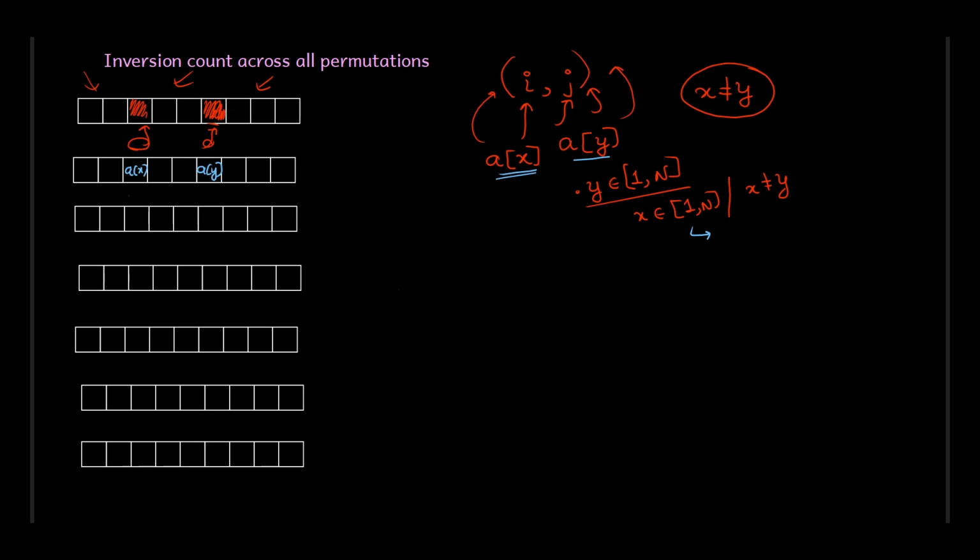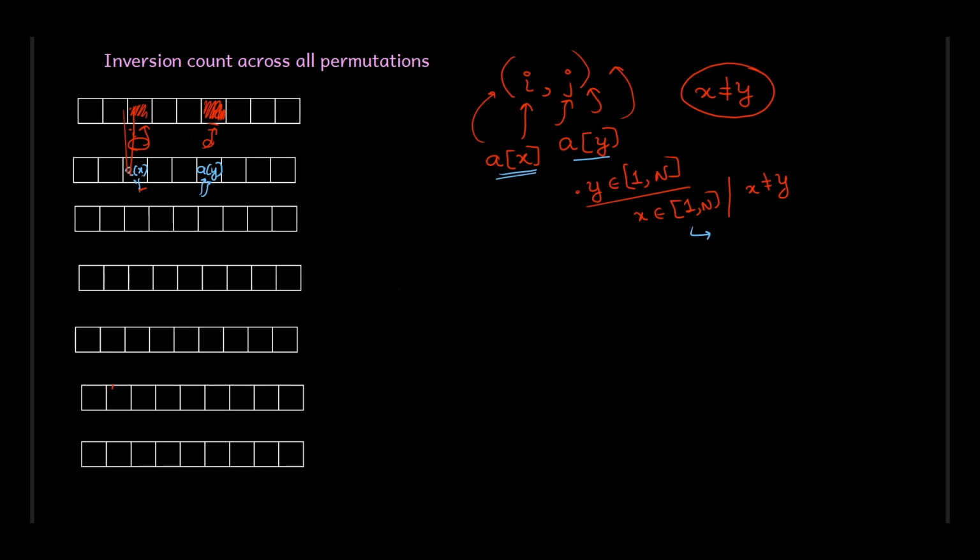But in how many arrays will this same situation happen? Because it's not just one array, there could be multiple arrays, right? So how do you find out how many times this pair will contribute? Because we want to find out this contribution of i comma j not from a single array but from across all this column, like this vertical column that you see, we want to find the contribution of it across that column.